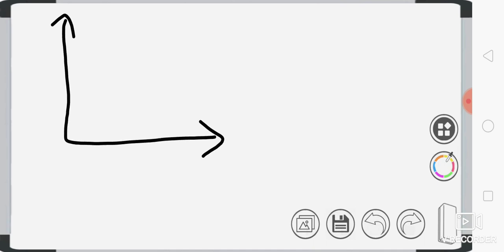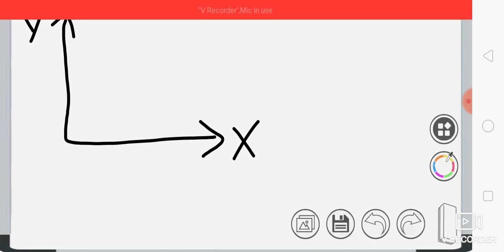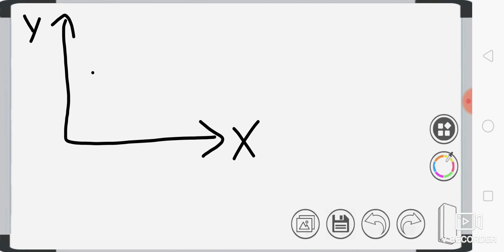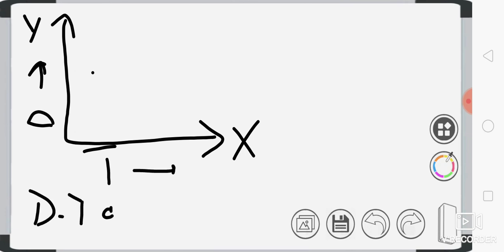And do you know, when we plot a graph for uniform motion and non-uniform motion, this is the x-axis and this is the y-axis, and we will denote it like this. Now this is the distance and this is the time, so we will consider a distance-time graph.